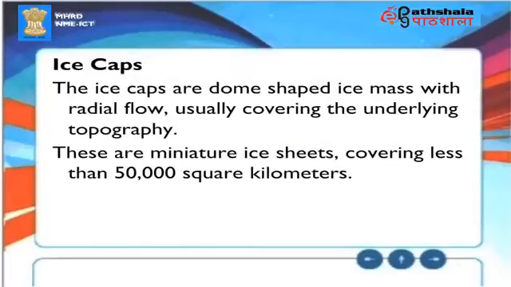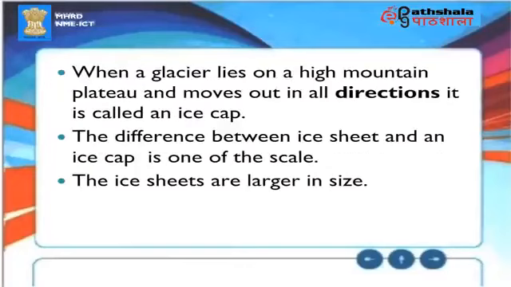Ice caps. The ice caps are dome-shaped ice masses with radial flow, usually covering the underlying topography. These are miniature ice sheets covering less than 50,000 square kilometers. When a glacier lies on a high mountain plateau and moves out in all directions, it is called an ice cap.